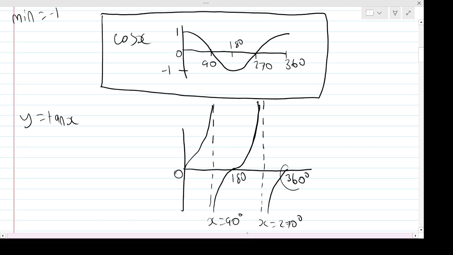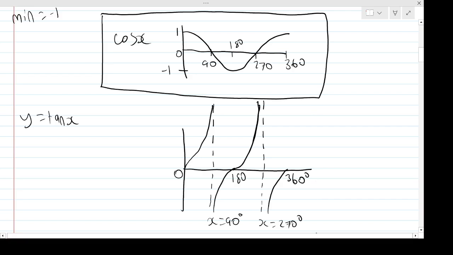If we then continued at 360 over here, it would then shoot up again and repeat the original shape at 0, right? Then there'd be an asymptote down here. Then it would be 270 and another 180, which would be 450, right? But again, I don't need to consider that. Let's just stick to 360.